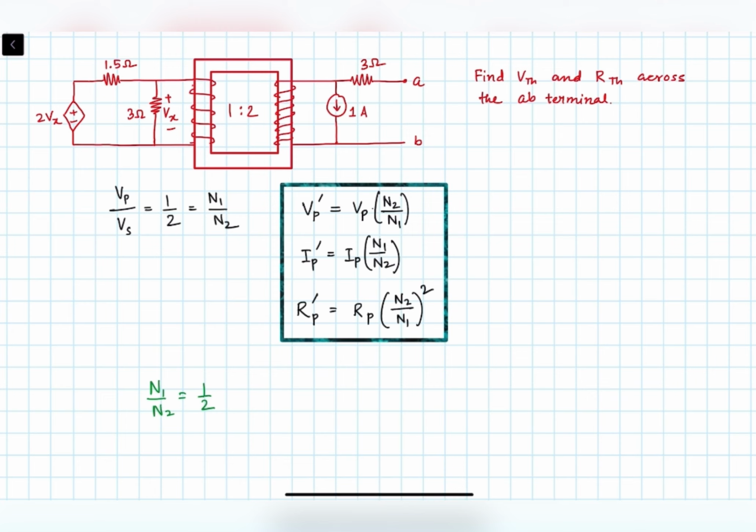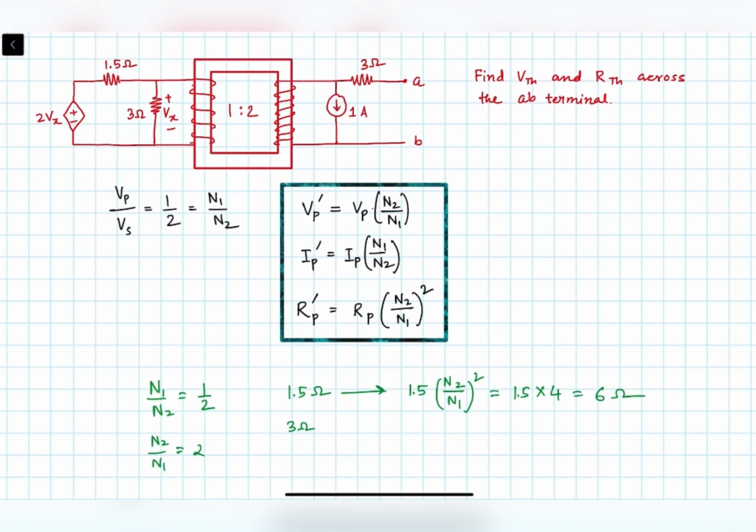Okay, so if I convert this 1.5 ohm to the secondary side, it will become 1.5 into N2 upon N1 whole square. Here N2 upon N1 is equal to 2. So it will be 1.5 into 4, that is 6 ohm.